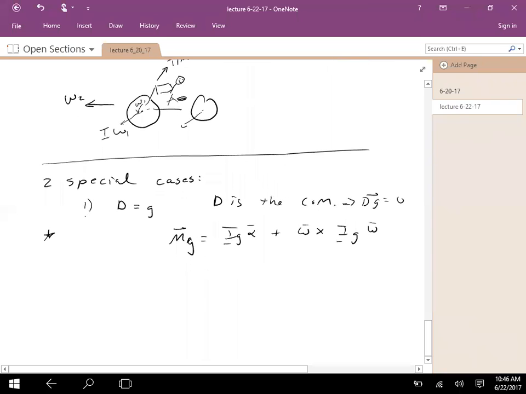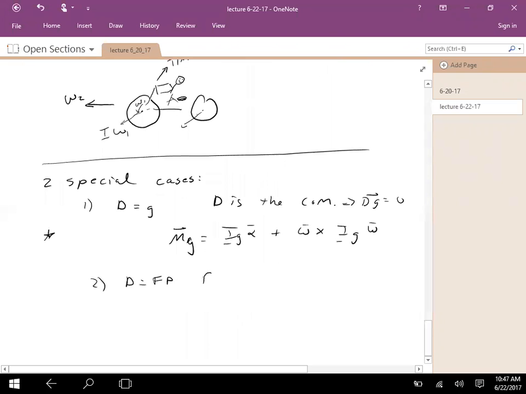The second special case is that D is a fixed point. I frankly don't use this, although it's handy at times. You could go back through the derivation and show that. I'm not intending to here, but it could be shown.